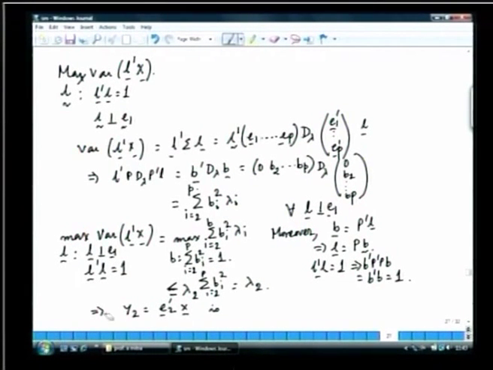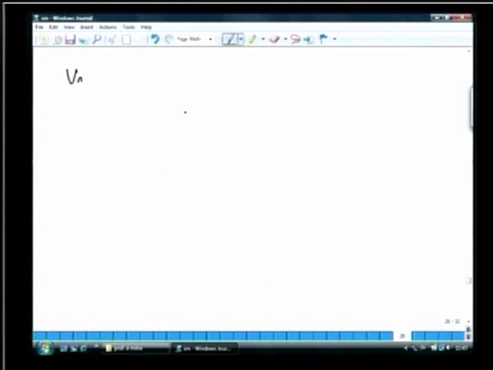Before that, let us just check the variance of E2 prime x, just the way we have done in the case of the first principal component, and then only we can comment on that. Now, variance of y2, which is variance of E2 prime x, is nothing but E2 transpose Σ E2. We use the same form, P d lambda P prime, the spectral decomposition.